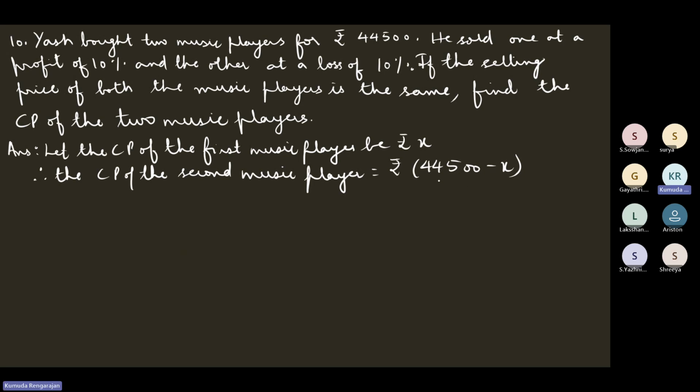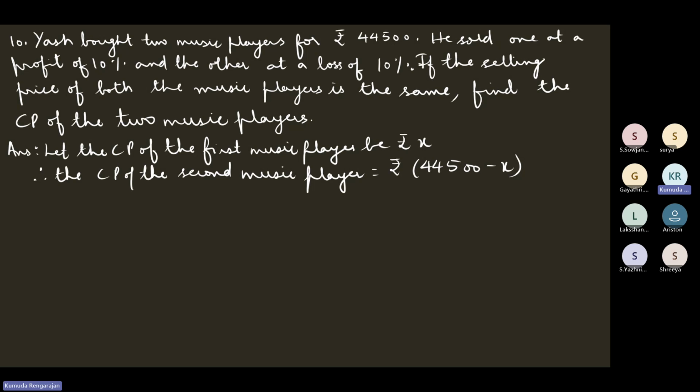Now on one profit is 10%, on the other loss is 10%. And what is given is that the selling price of both the music players is the same. So you must find the SP, not the profit or the loss portions. Find the selling price of the first music player, find the selling price of the second music player, and equate both, because they're the same.